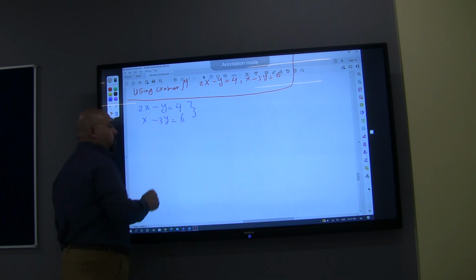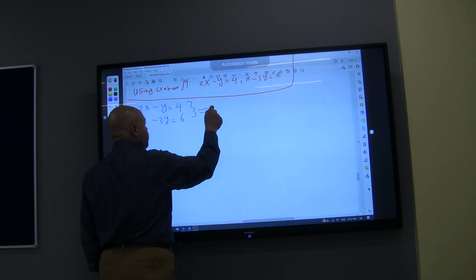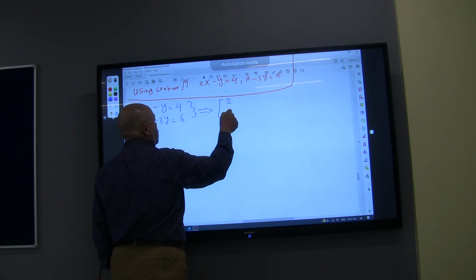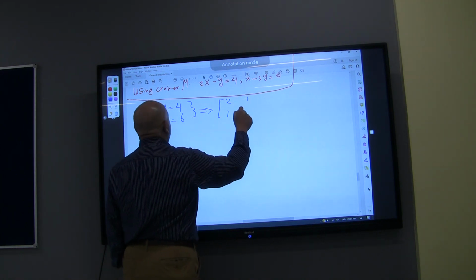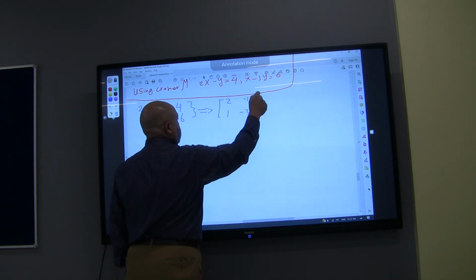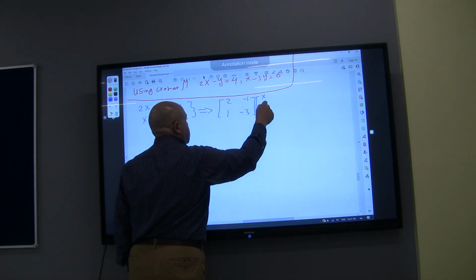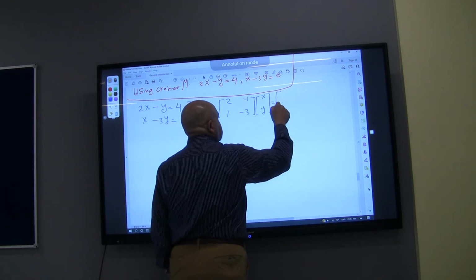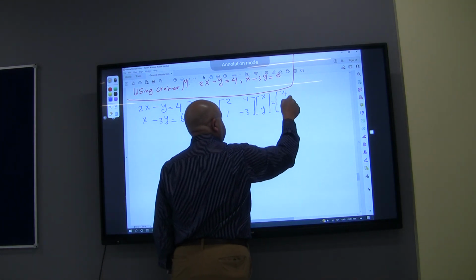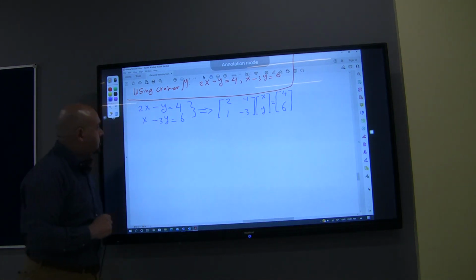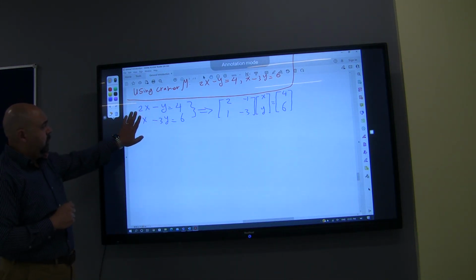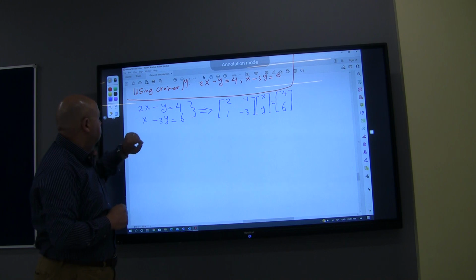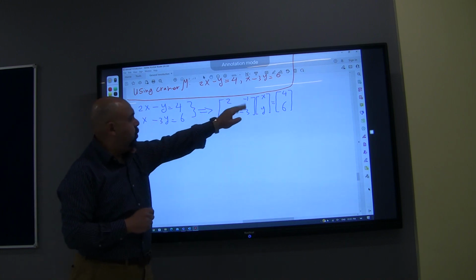From these two equations, I can put them in matrix form: 2, negative 1, 1, negative 3, times x, y, equals 4 and 6. So I've succeeded in transforming this system of equations into the matrix form.